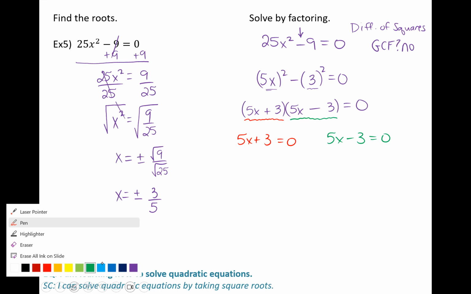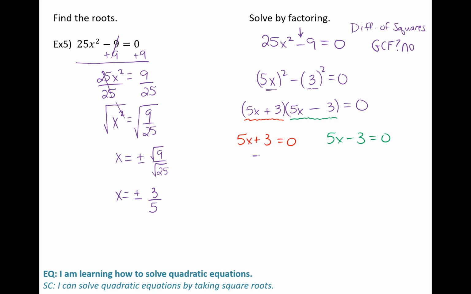All right, and then I'm just going to solve these with my regular writing utensil. I'm going to subtract 3 from both sides. And I get 5x equals -3. Divide by 5, and we get x equals -3/5, which was one of our answers that we already know.